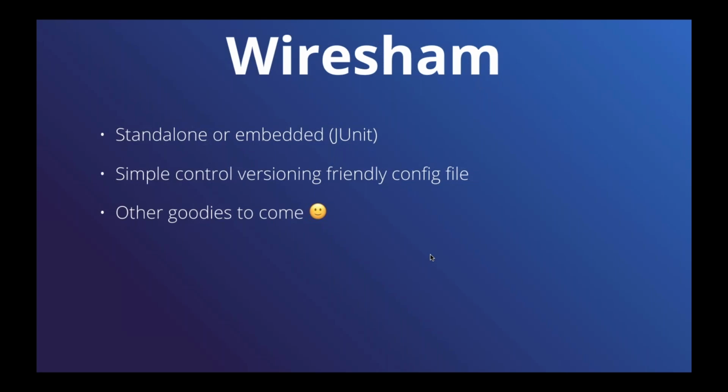It's a simplified version of the dump that you can easily upload to a version control system, and it's really small, so it's easier to review and to version. And we are planning to implement some new goodies in the near future, so stay tuned.